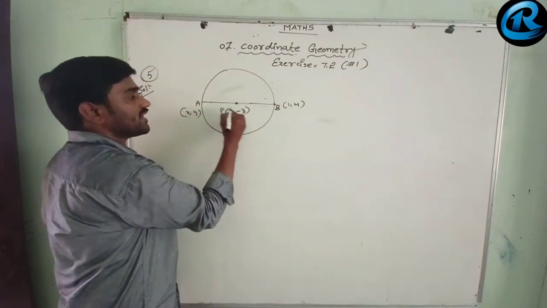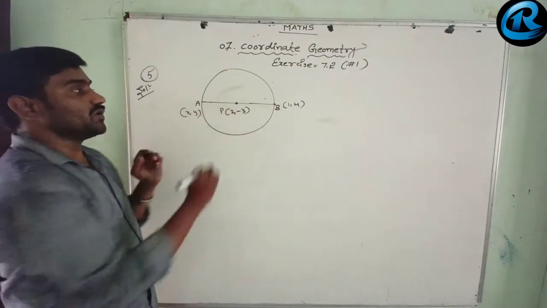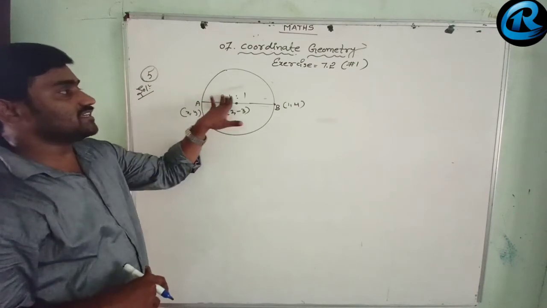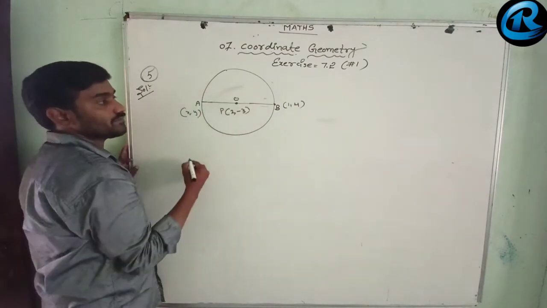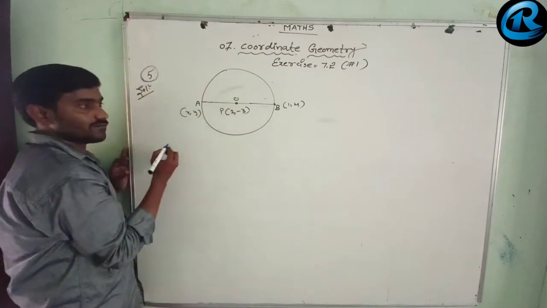See that this is P, x comma y, dividing this diameter AB in the ratio 1:1, because the center of the circle, P, will divide the diameter into 2 equal parts.